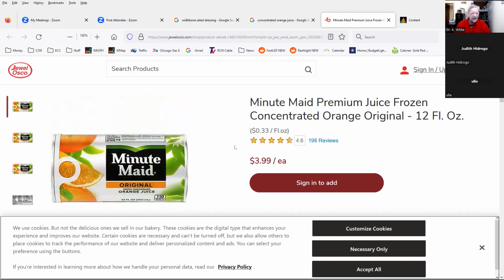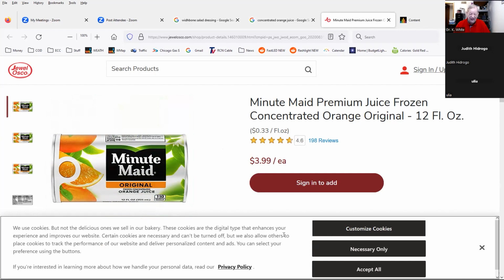Interesting thing, when I was in college, one of my fraternity brothers loved to eat concentrated orange juice right from the can, frozen, with a spoon. But he loved it. We would always be laughing when he would eat that.